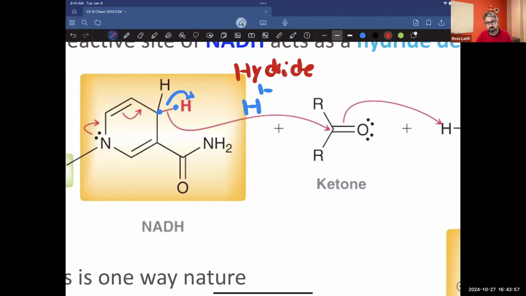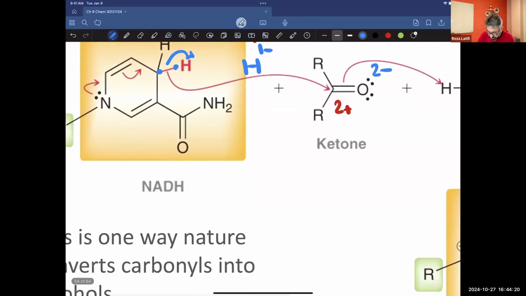And a hydride will reduce the oxidation number of any carbon that gets attached to it. This carbon's oxidation number is +2. How do I know? Because oxygen is -2. Now, if hydrogen comes to it with a negative charge, the positive charge on carbon is going to go down by 1. So that's the reason I call NADH a reducing agent or reductant.